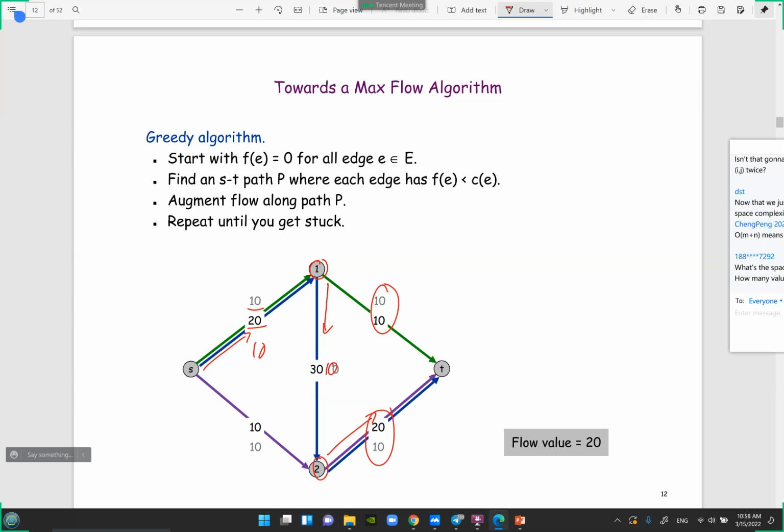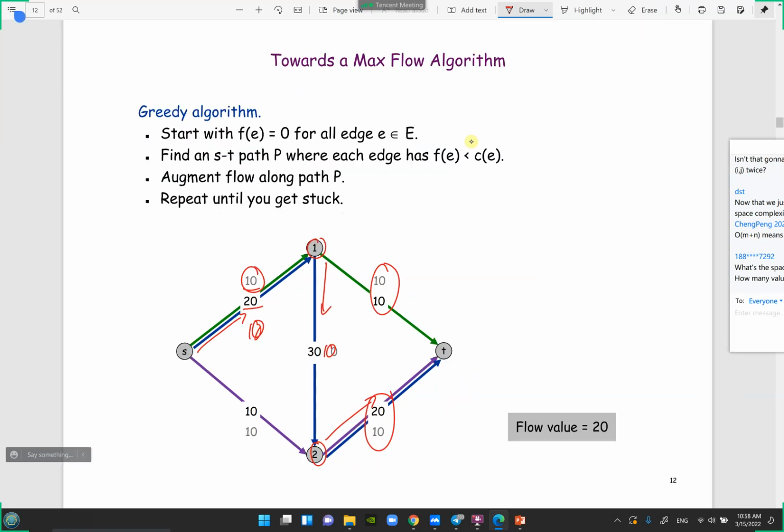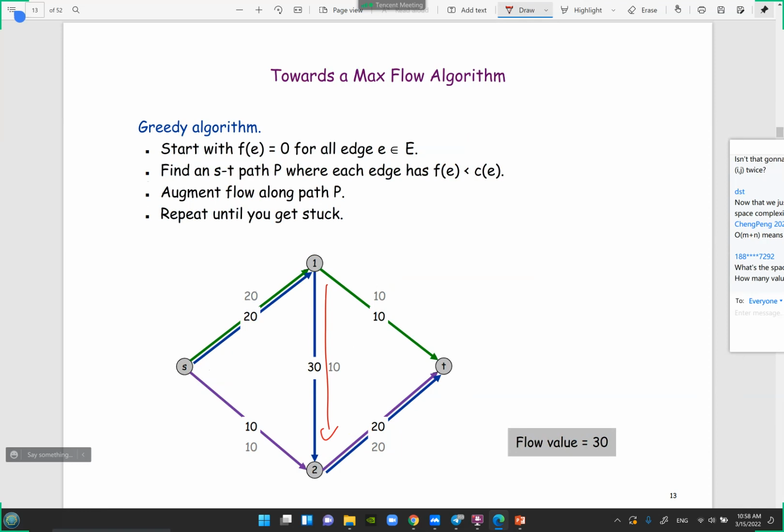So in total, we've sent 30 units of flow, because you sent 10 units on the green edge, 10 on the blue edge, and 10 on the purple edge. Altogether you sent 30 units of flow. So this shows that the maximum flow is larger than 20.